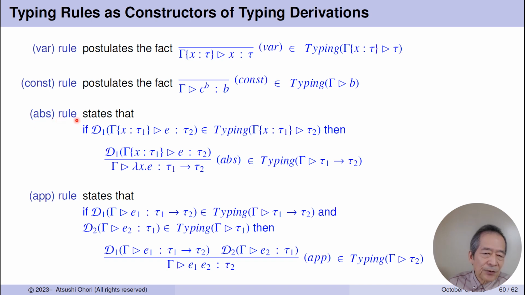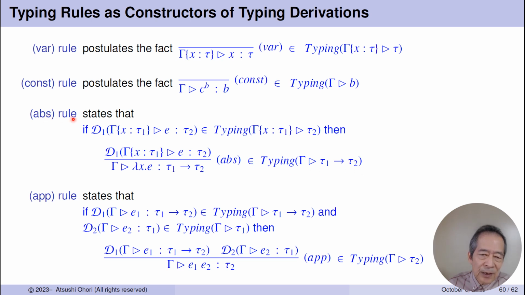And for inference rules, it states the following. In the case of the abs rule, if you have a typing derivation tree with this conclusion in this set, then applying the abs rule generates a bigger derivation tree, and this derivation tree generated by the abs rule is in this set.